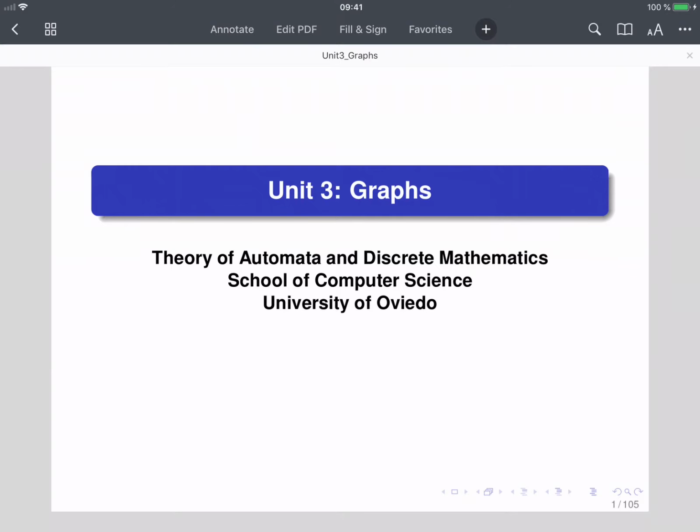For instance, between 0 and 1 you have an infinite number of real numbers. But when you are dealing with discrete structures, you have elements that are completely separated. There is nothing between them. So for instance, when you are working with natural numbers, there is nothing between 0 and 1 or between 1 and 2. There are no intermediate values.